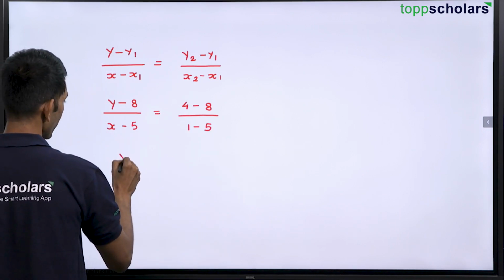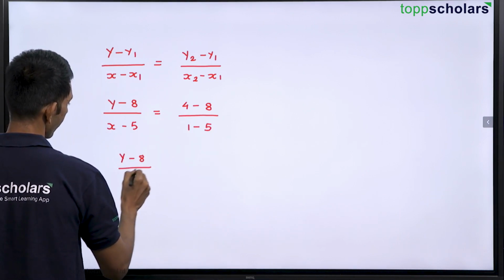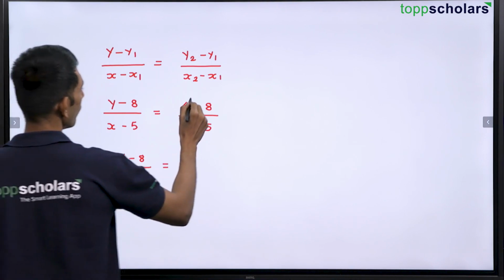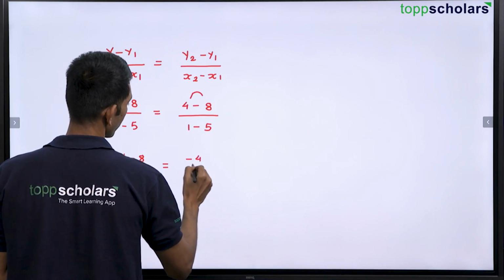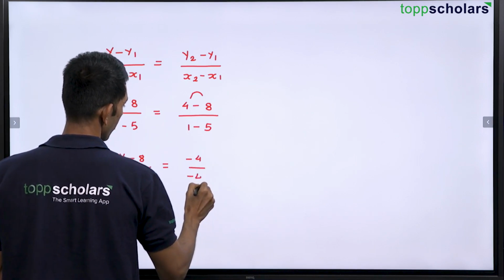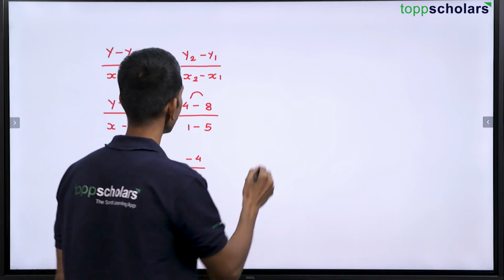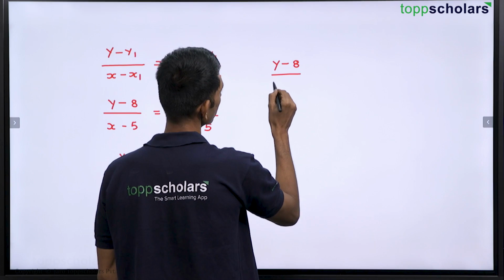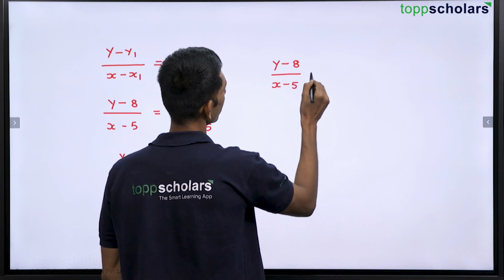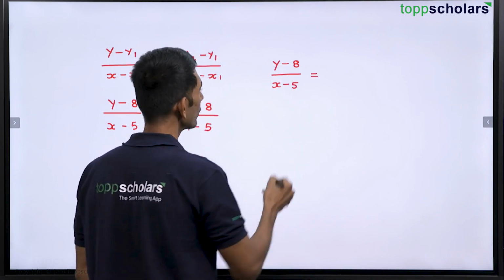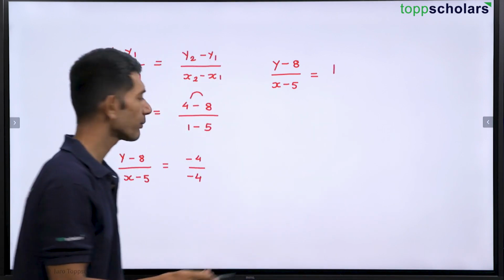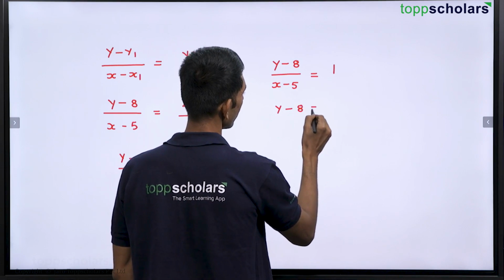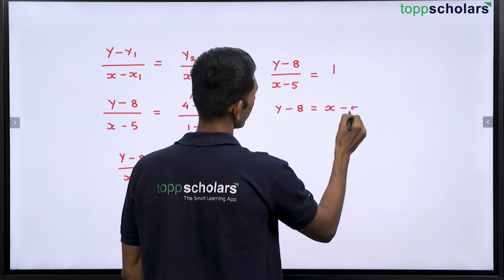So this gives me y minus 8 by x minus 5 is equal to 4 minus 8 is minus 4, 1 minus 5 is minus 4. So this gives me y minus 8 by x minus 5 is equal to minus 4 by minus 4, which is 1. So this gives me y minus 8 is equal to x minus 5.